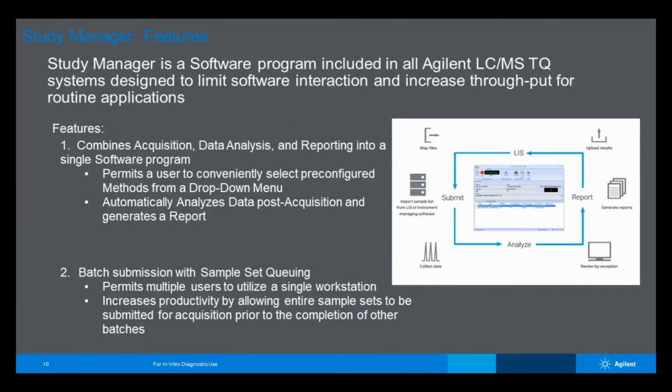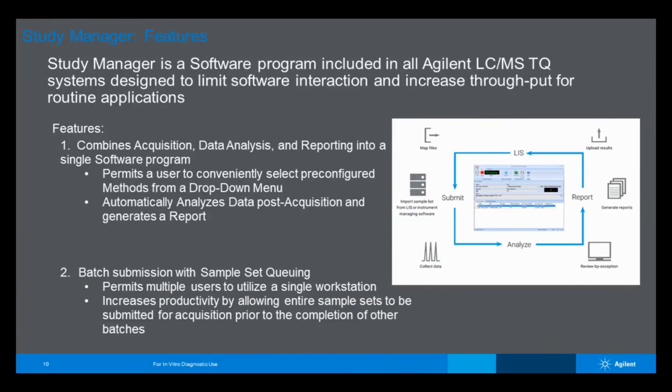It does all of the things that we talked about in our statistical modeling and batch queue submission example as well. It combines our MassHunter acquisition, data analysis, and reporting software into a single software program, which permits a user to conveniently select from pre-configured methods from a drop-down menu. It fits really well for routine analysis, because in routine analysis it's assumed that you will be doing the same or similar things over and over again, as we demonstrated before.